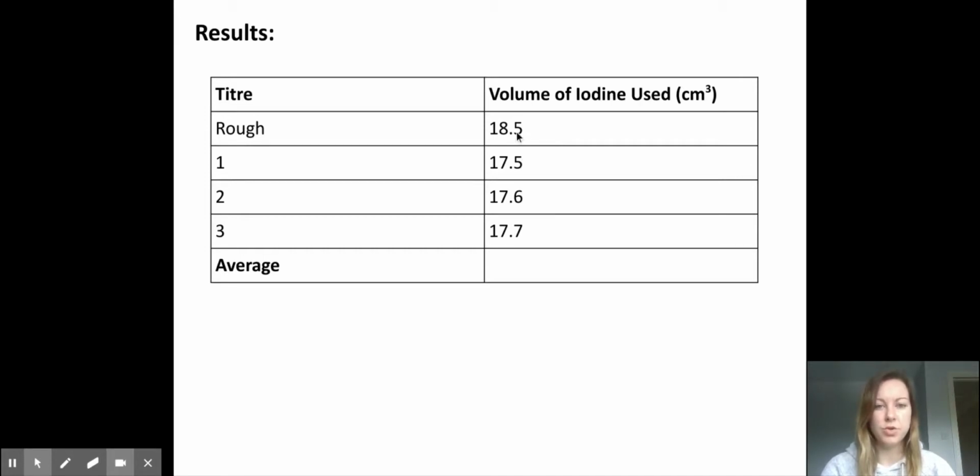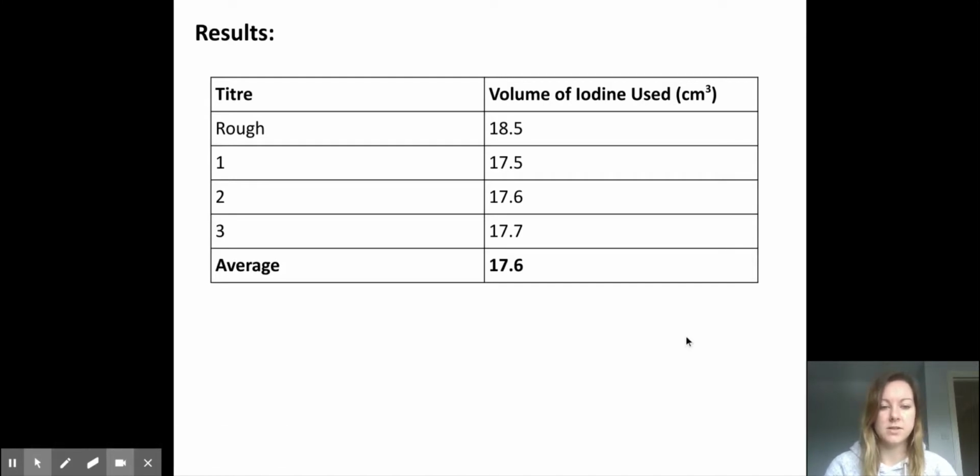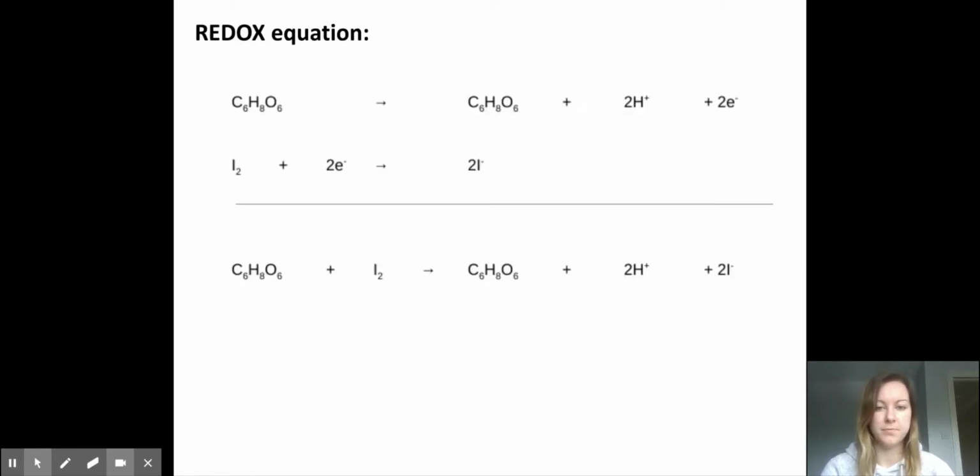You never use your rough titer in your average, you only use concordant results, remember. So that means results within 0.2 centimetres cubed of each other. So if you calculate that average, it ends up being 17.6 centimetres cubed. So when we are using our volume of iodine used, we're going to use 17.6 centimetres cubed.